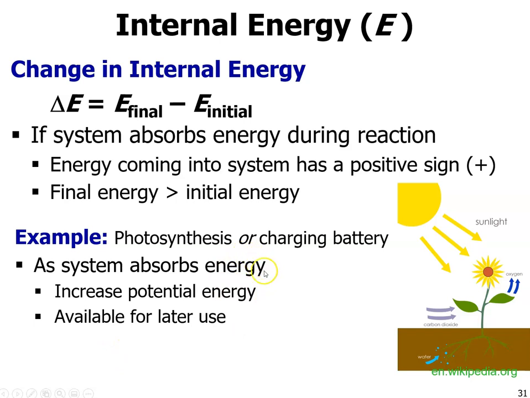The opposite of photosynthesis for us would be if we have fat on our body, we break that down, we use that as energy, and then we're able to run around or do something with it, right? That's the opposite. Our initial internal potential energy is decreased as we use that to run, for example, and allow our bodies to move, and we use that for kinetic energy.